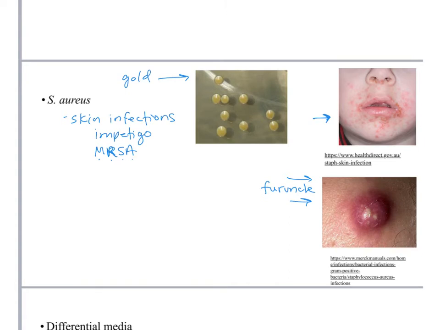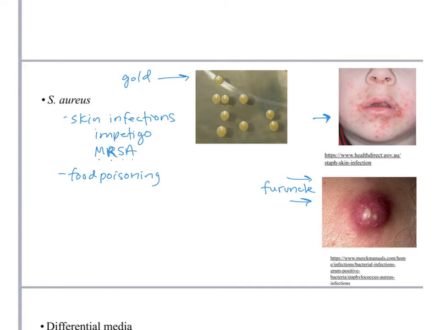Okay, let's see, what other kinds of infections? Also things like food poisoning. Some strains of Staph aureus produce a particular kind of toxin that can make us throw up or give us diarrhea.